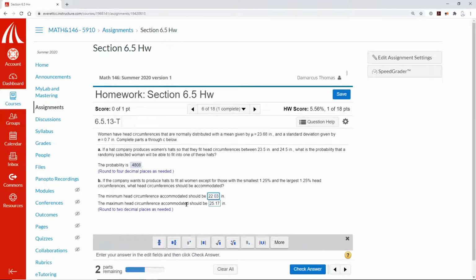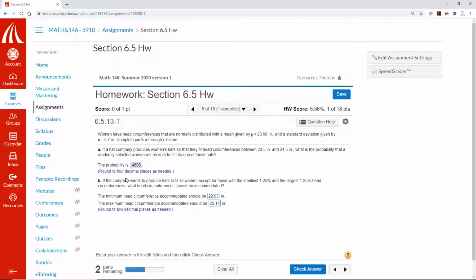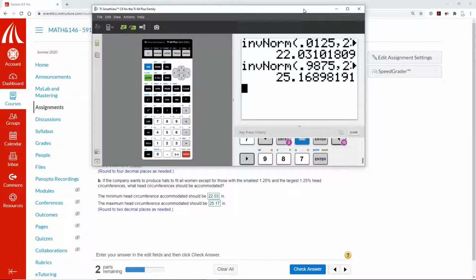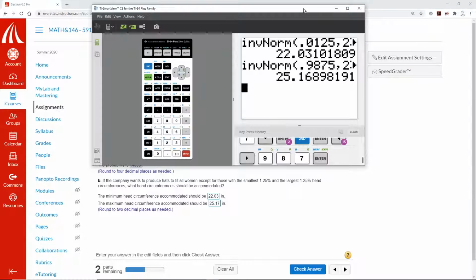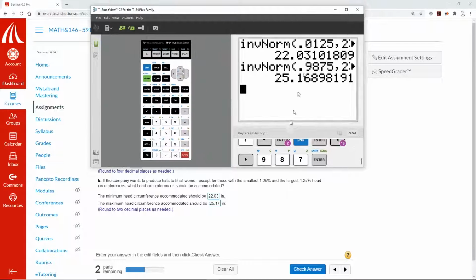So we got 22.03 and 25.17. Let me double check my formulas. It says round. I did round.